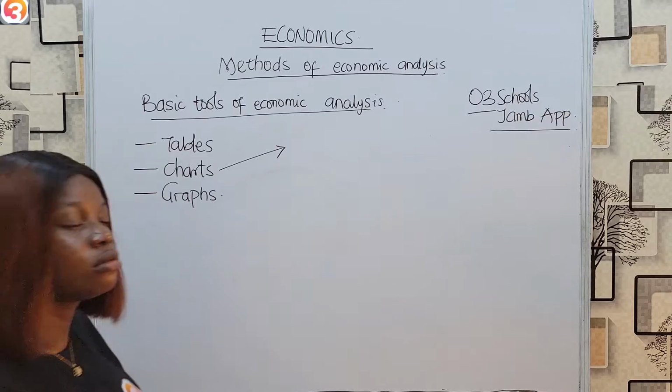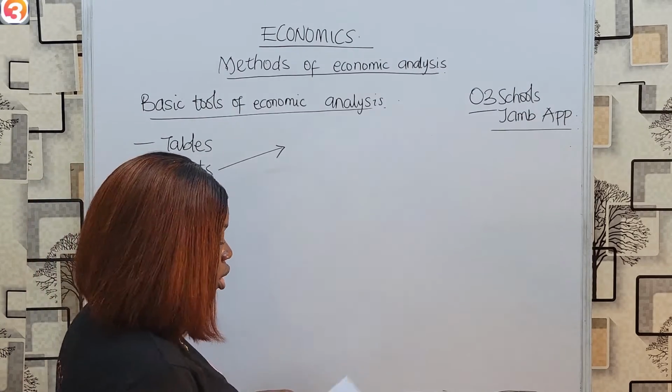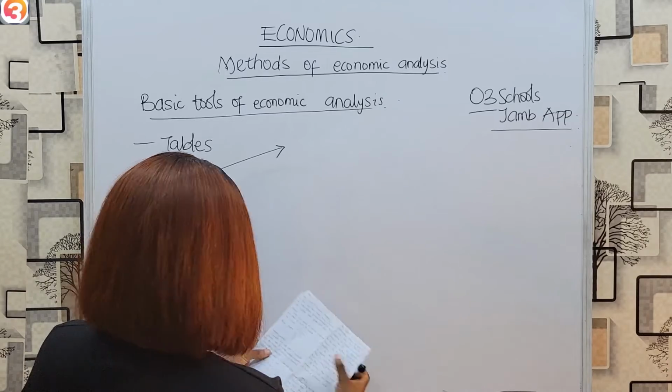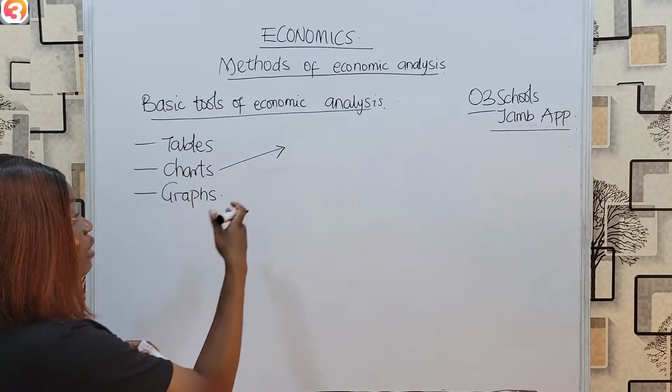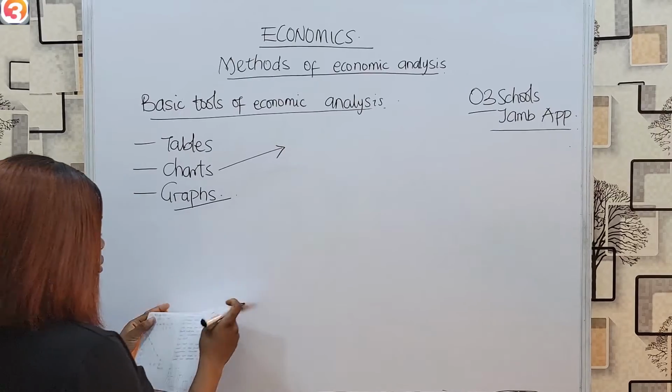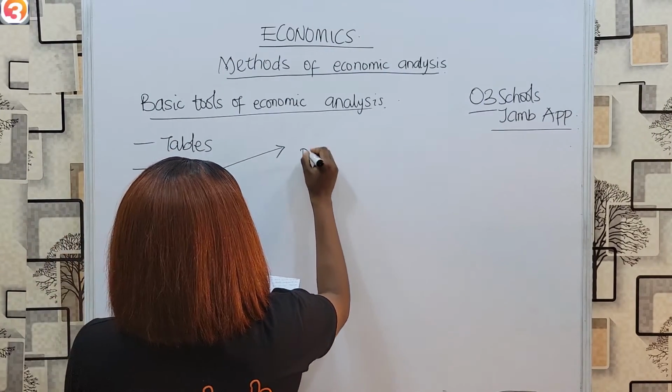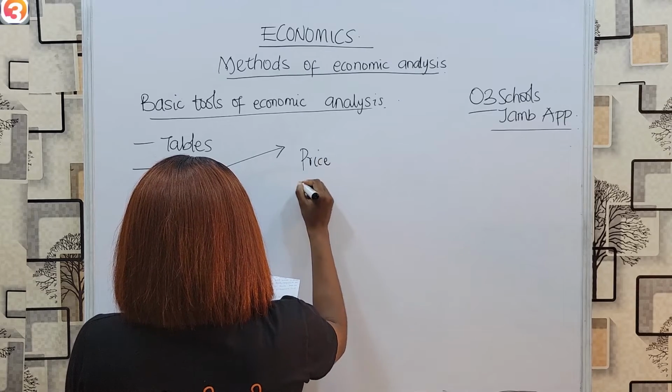Now let's look at this simple example to illustrate what graphs look like. In the frequency table provided above, we're going to draw out a graph. We have price and we have quantity.